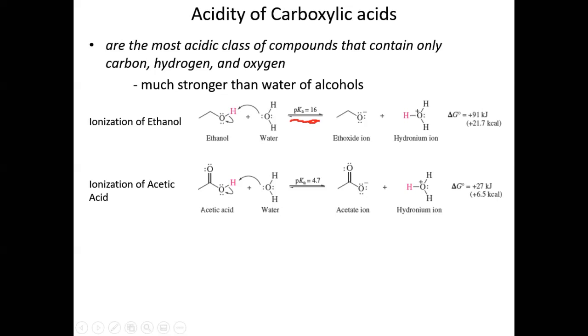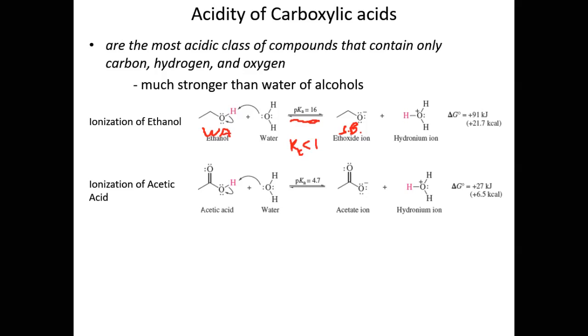And so the ethoxide ion is a strong base, and ethanol is a very weak acid. So the Kc for this is going to be very low, less than 1. This tells you that ethanol doesn't like to give up its hydrogen.